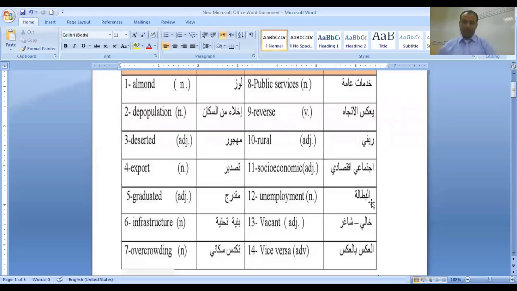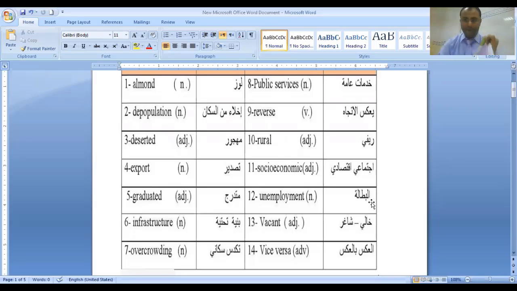Now, I will give you 3 minutes to read the first paragraph on page 63. Just the first paragraph, the first 5 lines. Read them carefully.